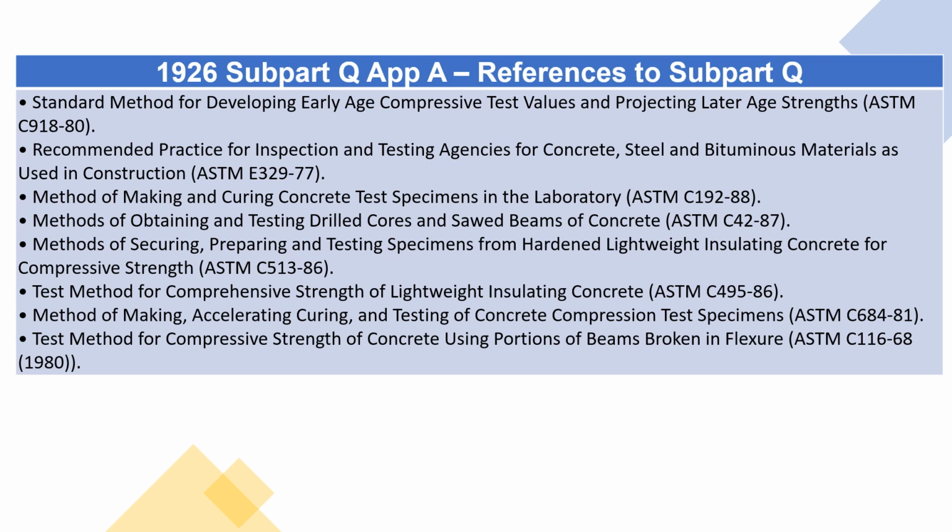Methods of securing, preparing, and testing specimens from hardened lightweight insulating concrete for compressive strength, ASTM C513-86. Test method for compressive strength of lightweight insulating concrete, ASTM C495-86. Method of making, accelerating curing, and testing of concrete compression test specimens, ASTM C684-81. Test method for compressive strength of concrete using portions of beams broken in flexure, ASTM C116-68, 1980.